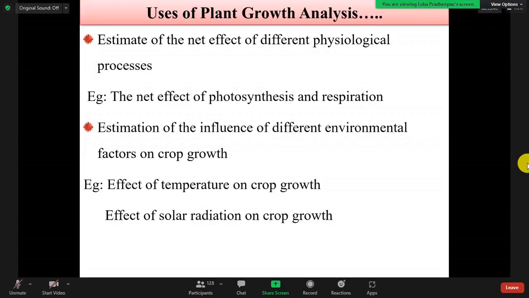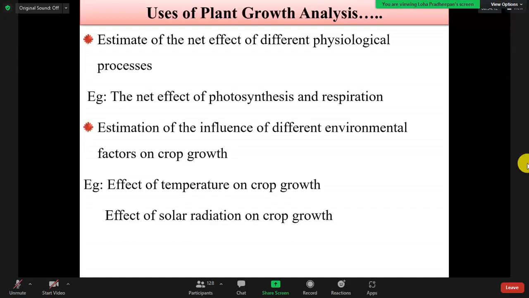So we know different crops need different climatic requirements for their better performance. If you want to test a particular climatic parameter, like temperature or solar radiation, we can do that study in greenhouses by modifying the temperature.